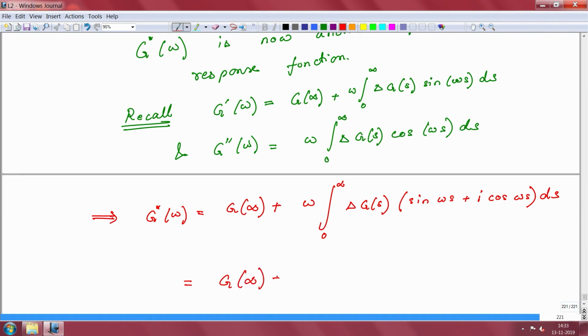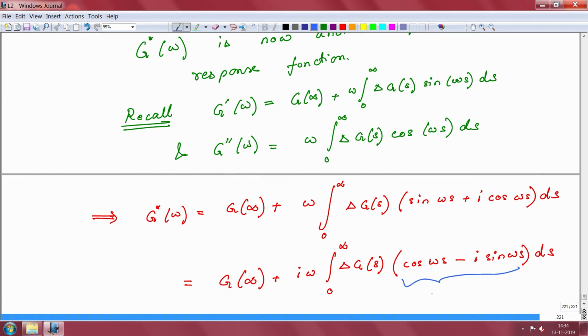So, we said G infinity, I put an i outside of the integral, and then I just rewrite the inside part, which now becomes cosine omega s minus i times sine omega s ds. Right. And this part, if you recognize, is going to be equal to e to the power minus i omega s.